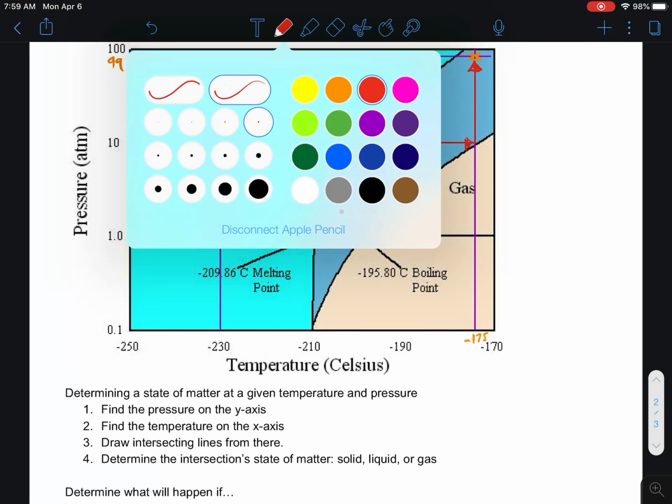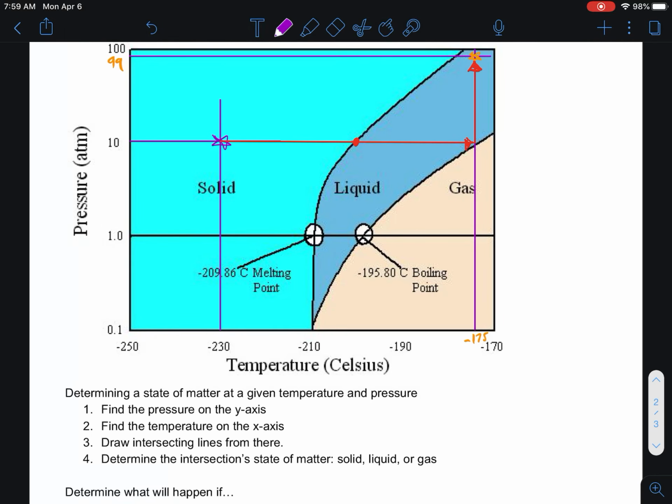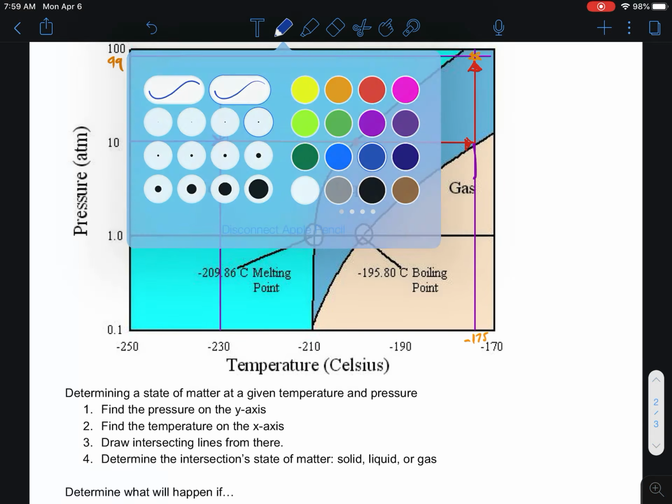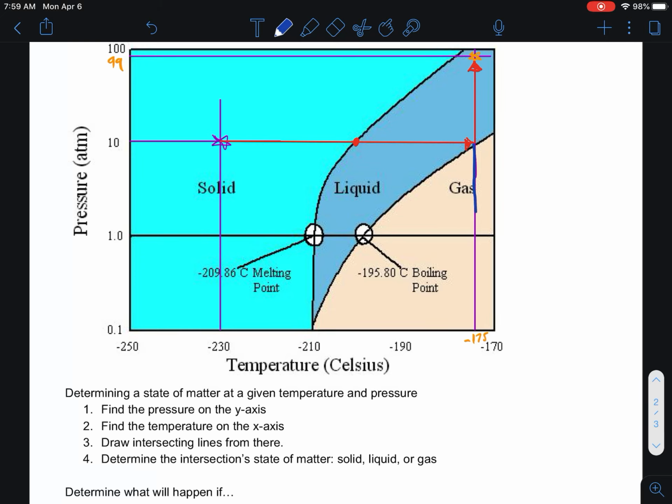Alternatively, we could say, just to make the story more interesting, what would happen if you decreased the pressure by, let's say, 9 atmospheres of pressure? Well, you first said it was a solid. It then melted into a liquid. Now you would say that liquid would boil or vaporize into a gas.